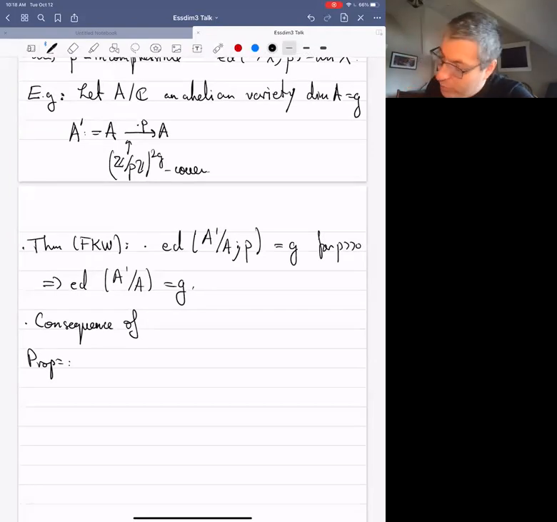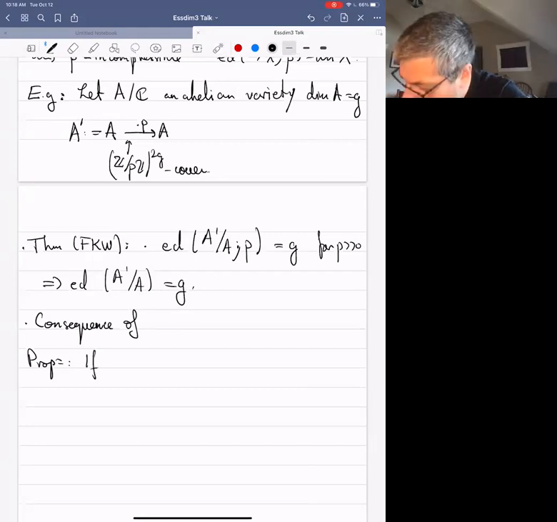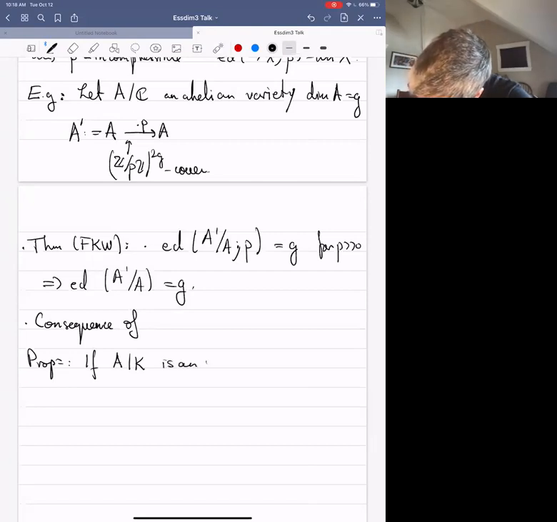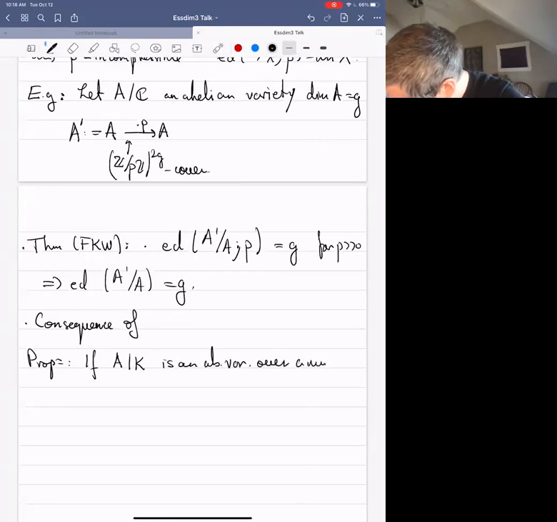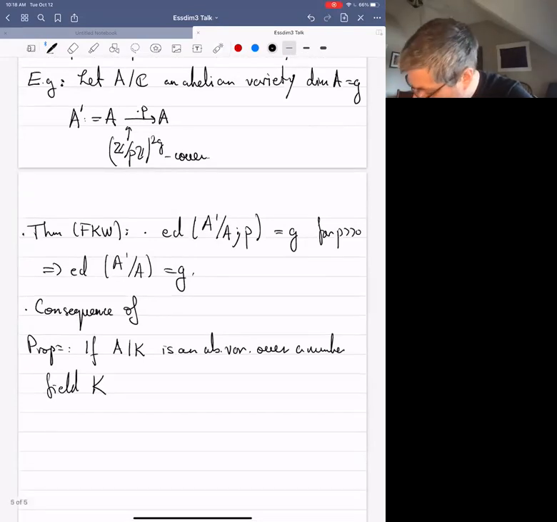So now I'm going to formulate things in a way which looks a little bit more arithmetic. So now I'm going to change notation. Let's assume A over K is an abelian variety over a number field, and P a prime.